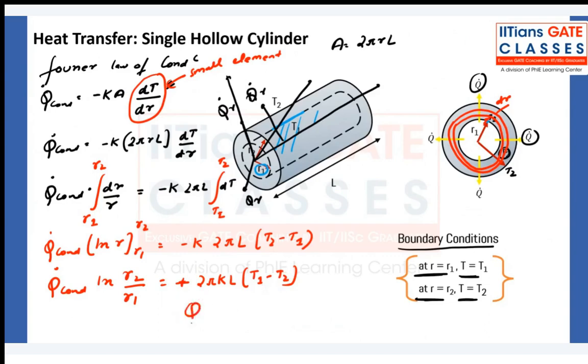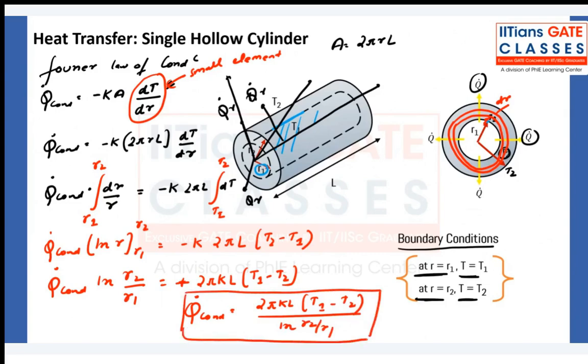Now I can write this in the form 2 pi k L (T1 minus T2) upon ln R2 by R1. So this is the heat transfer equation for a cylindrical body.